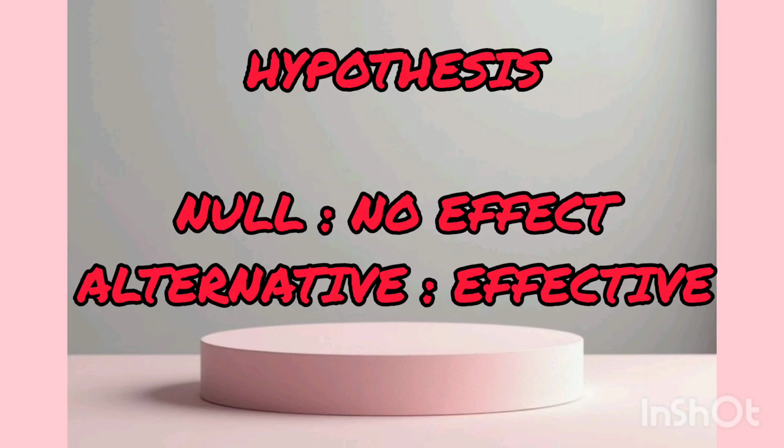And alternative hypothesis is that there is an association between drug and the effect. And obviously in any thesis or any study, we want to prove the alternative hypothesis to be true. That is, whatever drug we are inventing, that it is effective. That is what we want to build.